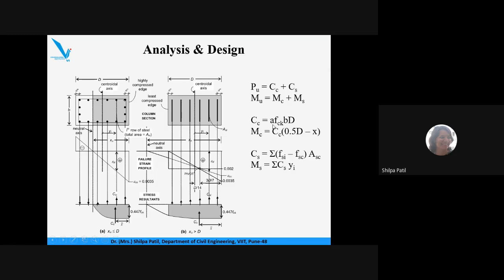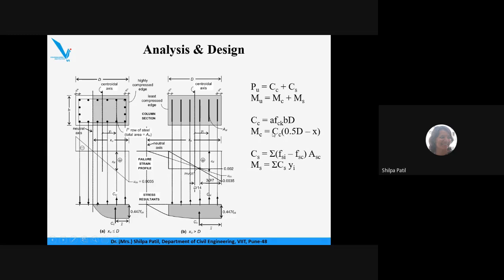That constant depends upon how our strain diagram and stress diagram vary. Similar to here, where we consider the stress as 0.447 fck, I have simply written one constant associated with this product. Now this force multiplied by the lever arm will develop an internal moment, which we can find as Mc, the moment resisted by the concrete.